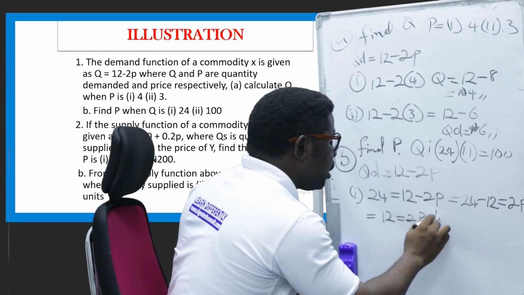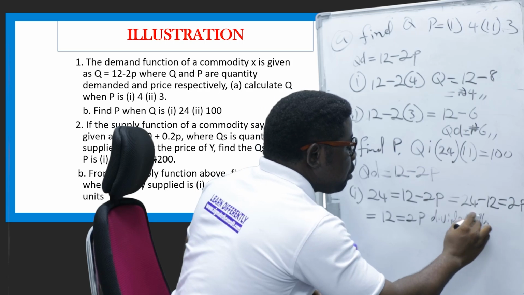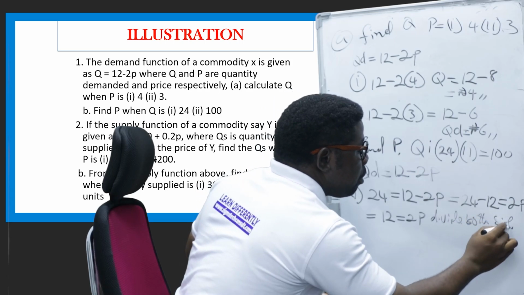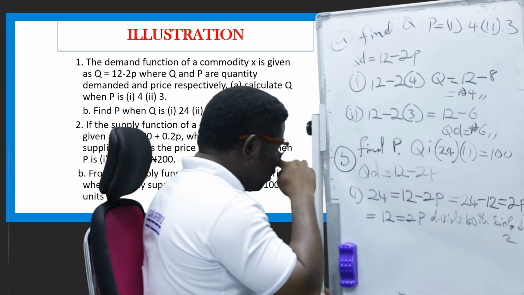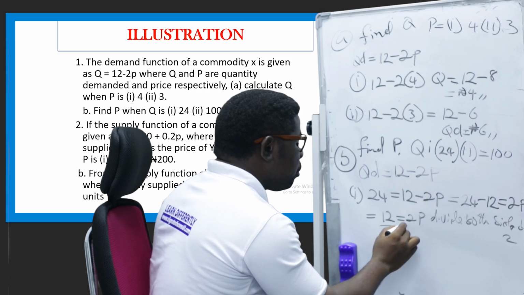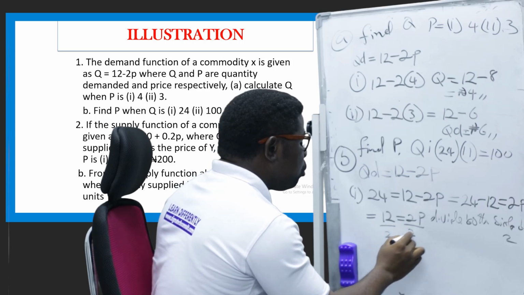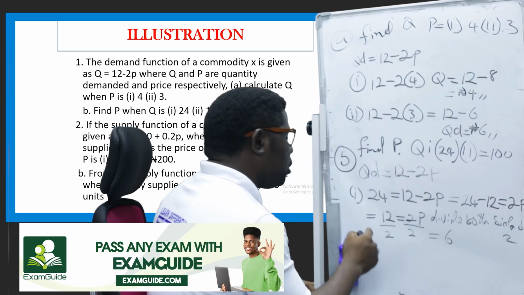So divide both sides by 2 to get your P. So we have 12 over 2 and 2P over 2. So we have 6, all right?